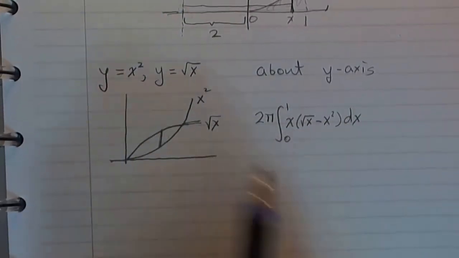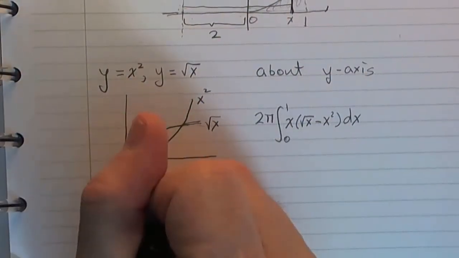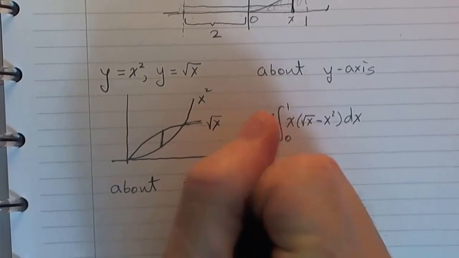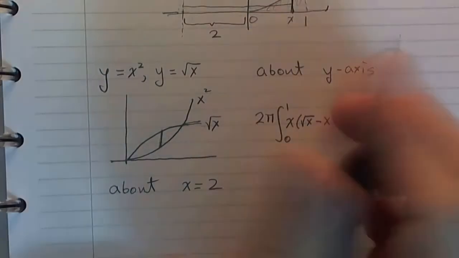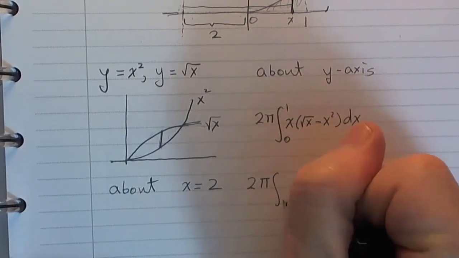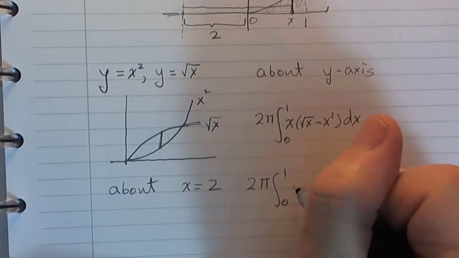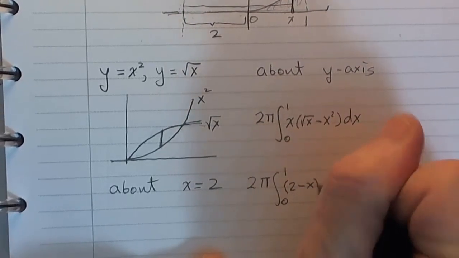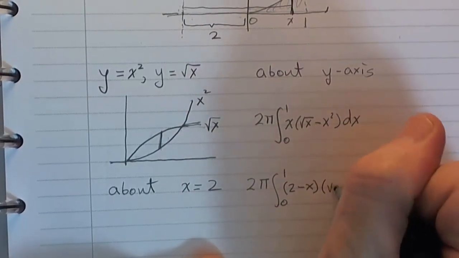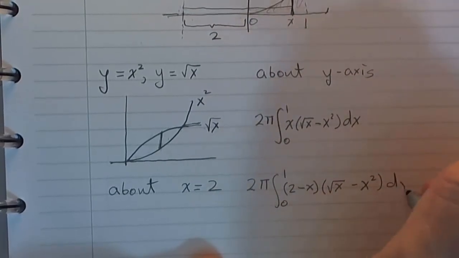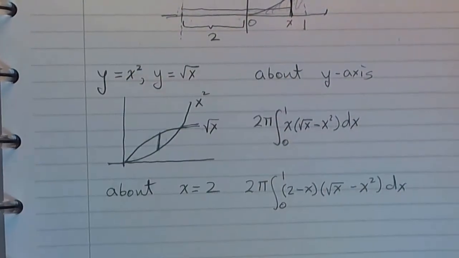Now, let's suppose we're revolving about x equals 2. Well, here we go. We've got 2 pi, the integral from 0 to 1. Now our radius is going to change, right? It's going to be 2 minus x. But our height is the same. So the integral gets a little more challenging.